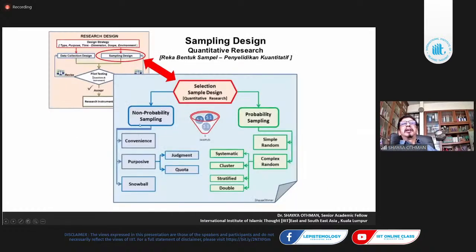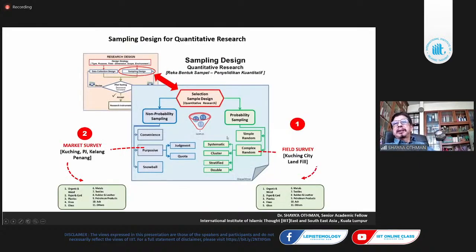Okay, before we get harder, can you ask questions? For example, sampling design, you can see here. Here is complex random sampling, field surveys carried out in the land area, because this is the environmental survey. At the same time, the pricing, the market survey, is carried out.